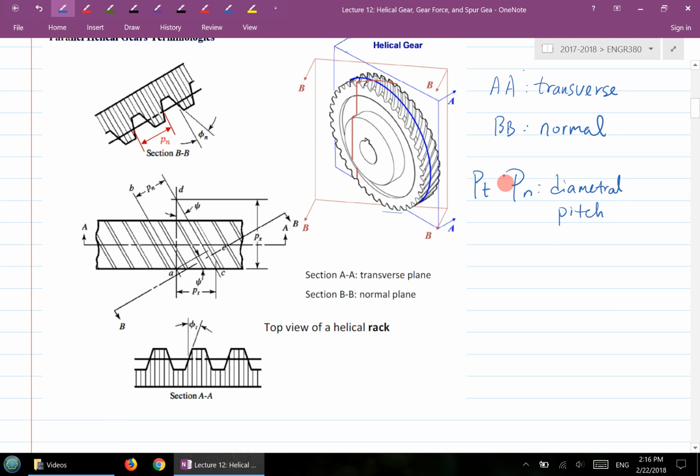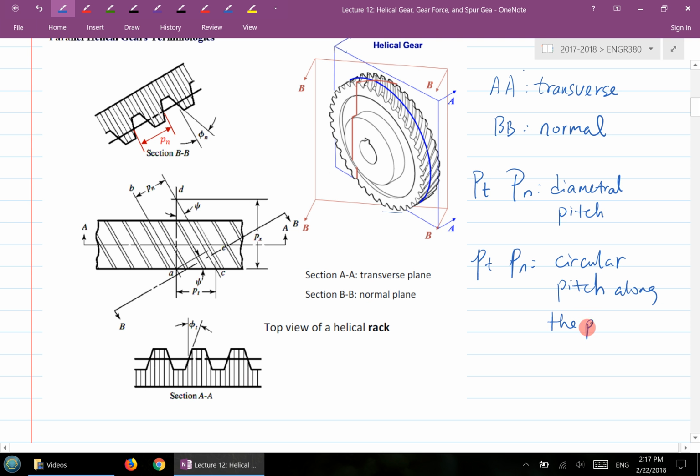So there's a coarse diametral pitch and a fine diametral pitch. In each plane, say this is plane BB, this is plane AA, you also have a small pt and small pn, which, if you recall, we call the circular pitch. The circular pitch is along the pitch circle.